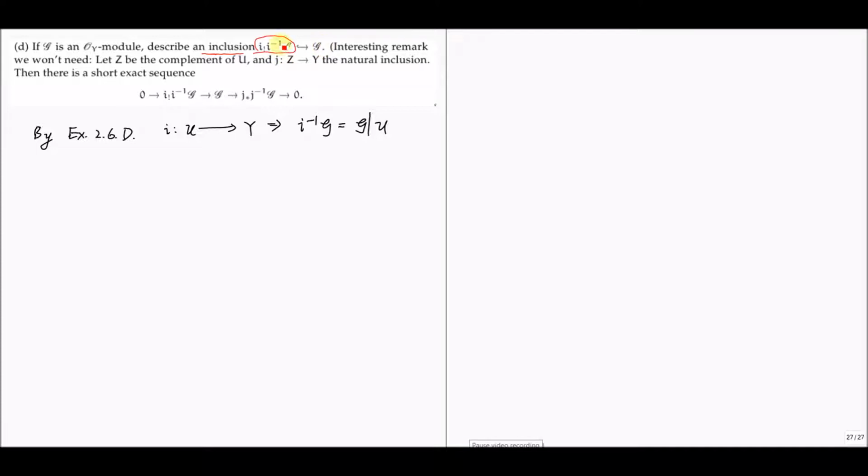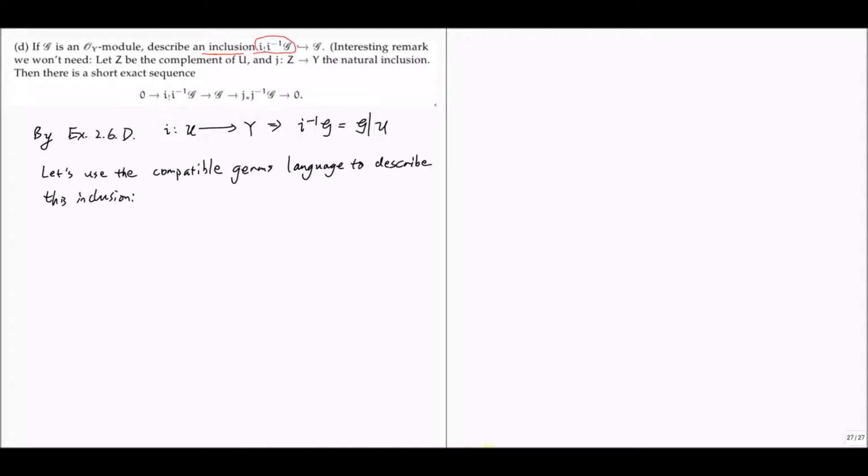And now let's prove this. As before, we will use the compatible germ language to describe it. For any open subset W, G(W) is isomorphic to the compatible germs in the product of stalks. And how about this one?